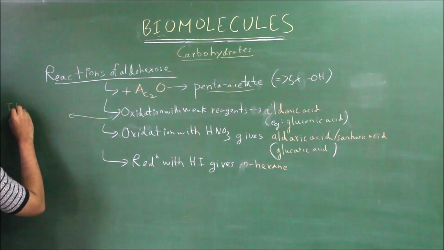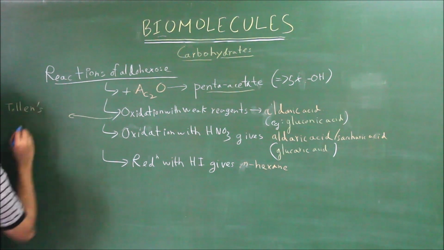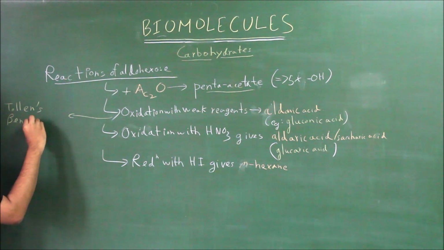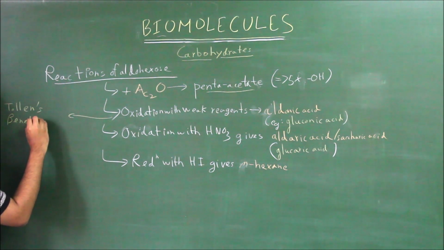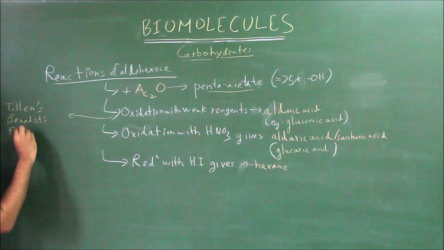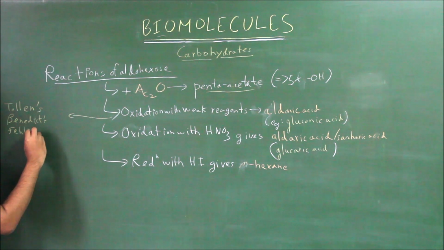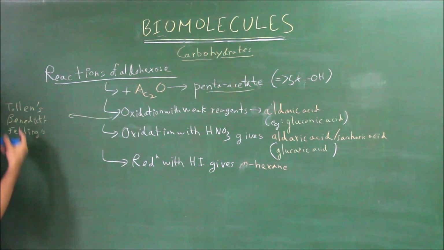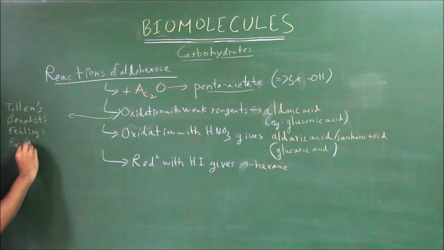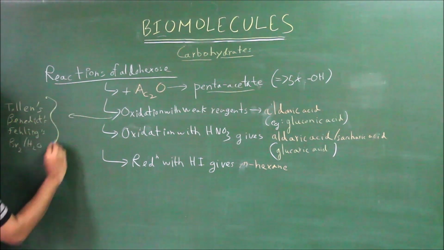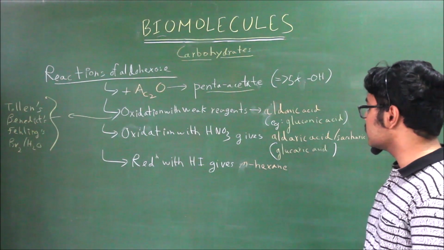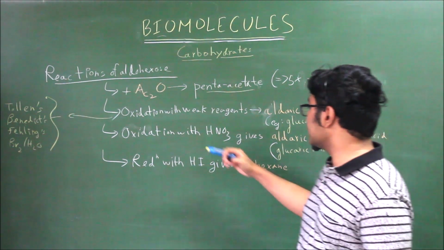We have Tollens reagent, Benedict's reagent, Fehling's reagent, and finally we have bromine water. These are considered mild oxidizing agents. They will accomplish this. Next, we have reaction with HNO3.